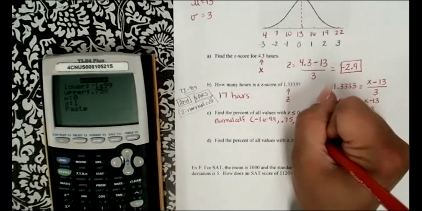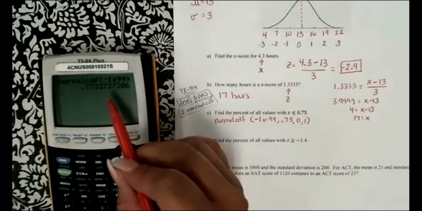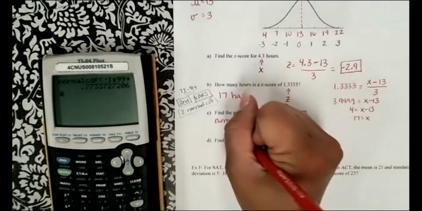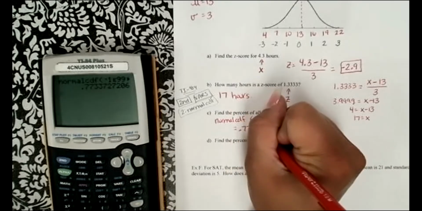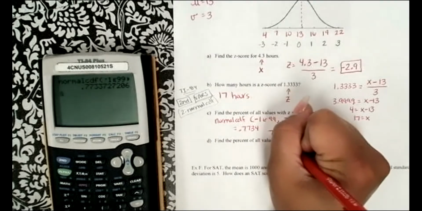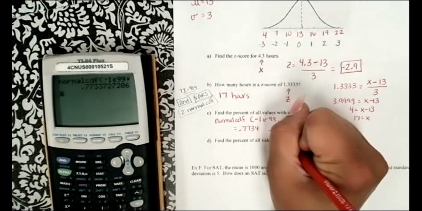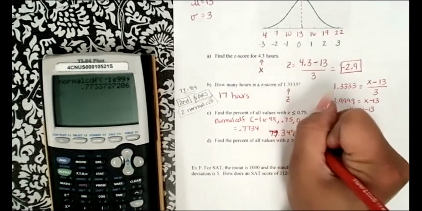And then this is always going to be a 0 and a 1. And there's my answer. The answer comes out to be 0.7734, which is 77.34%.